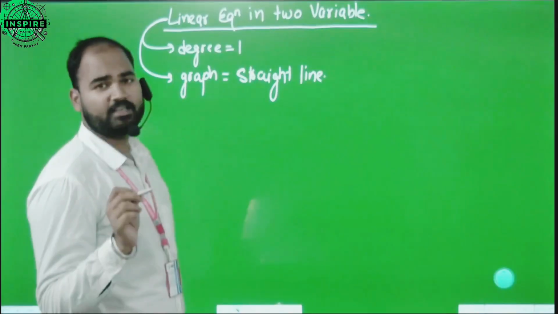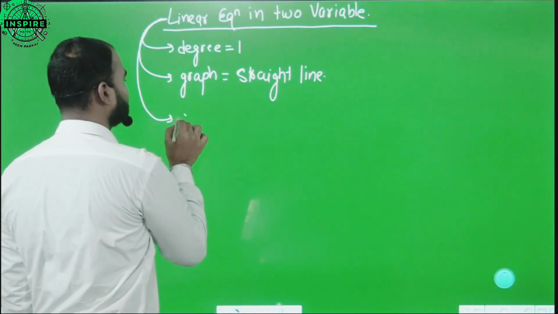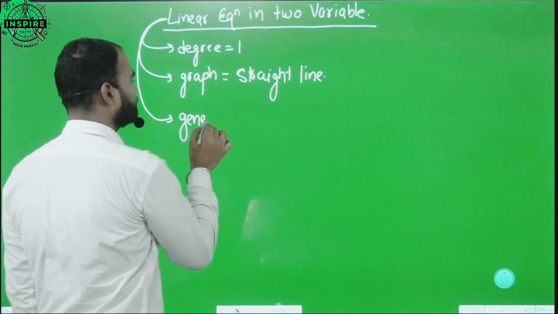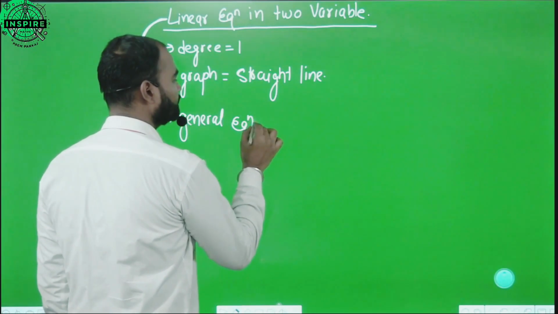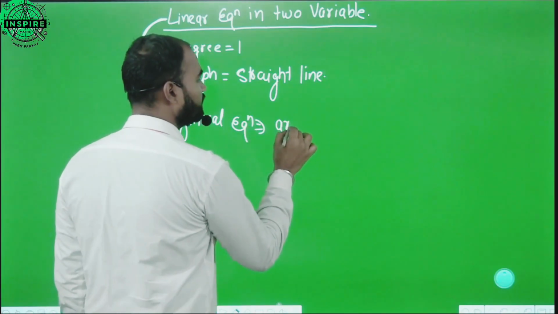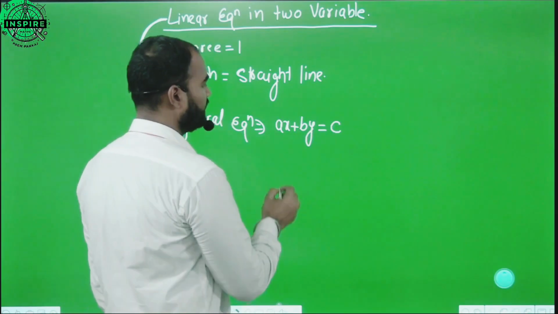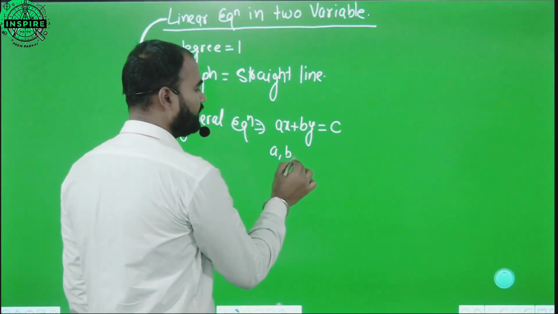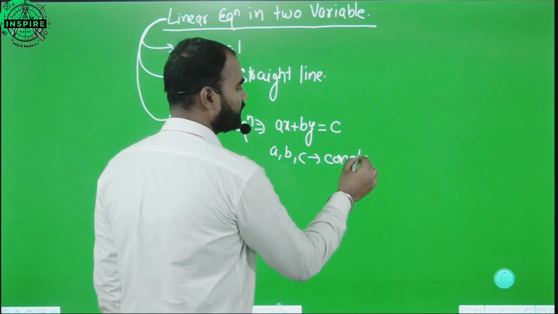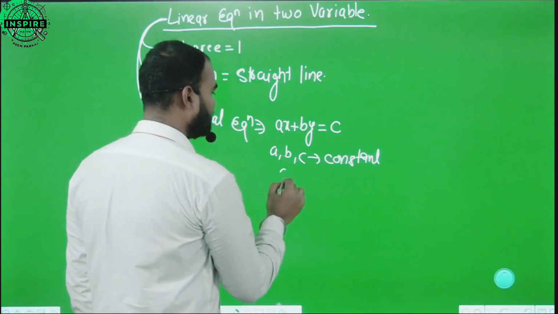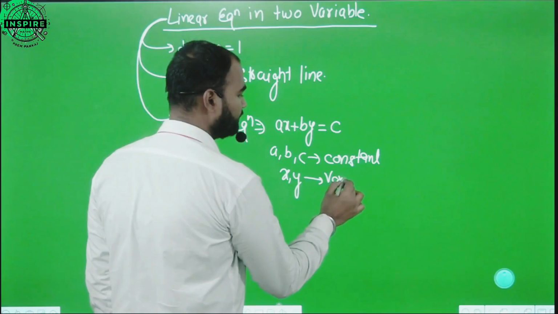Okay, the general form of the linear equation is ax plus by equals c, where a, b, c are constants and x and y are the two variables.